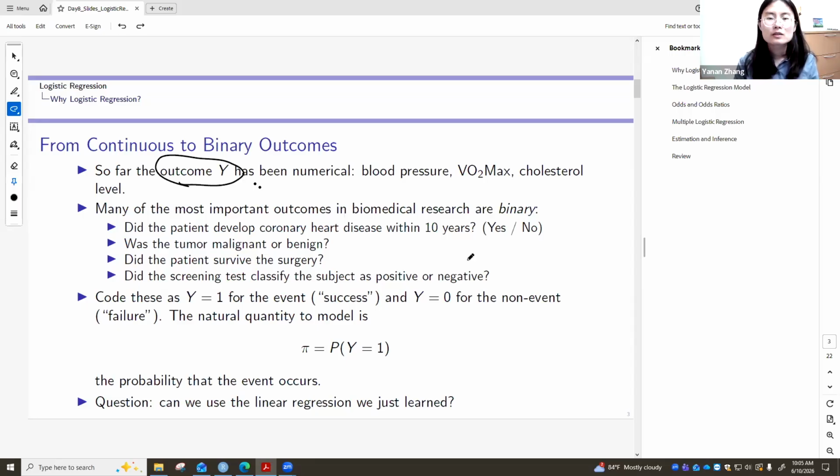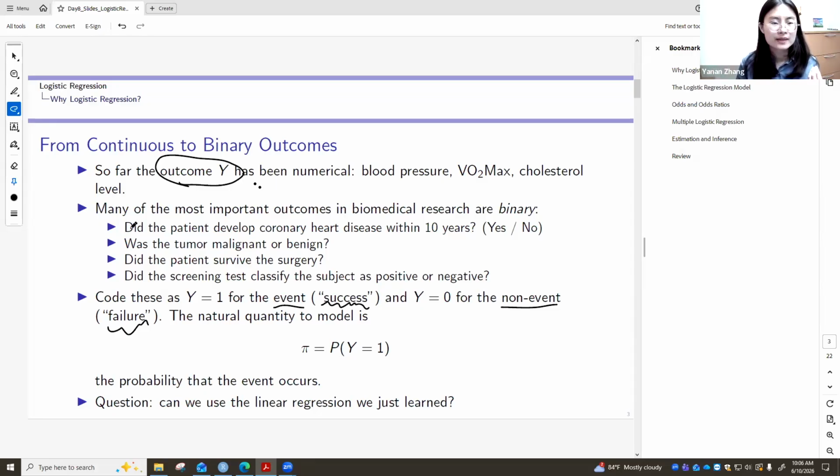So in those examples, we can clearly see the outcome is not continuous like blood pressure, BMI, or cholesterol. In practice, when we have a binary outcome, we denote one possible value as the event and the other as the non-event. Or statistically speaking, we use the terms success and failure to denote those two possible values.